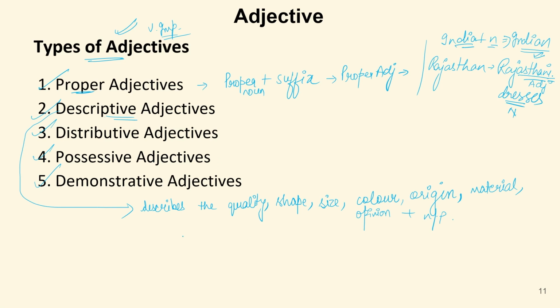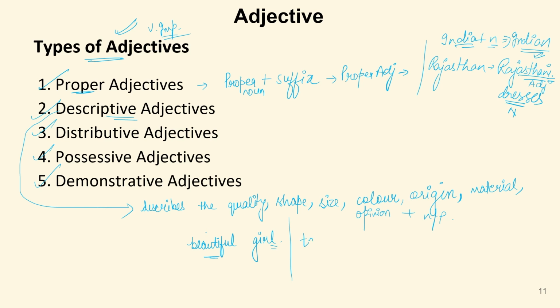For example, if I say beautiful girl, this word beautiful is qualifying the noun girl and it is telling us the quality of this girl. So this is called descriptive adjective.